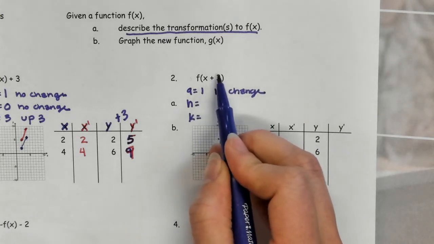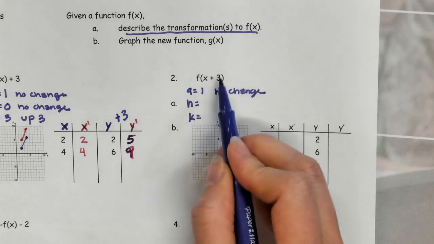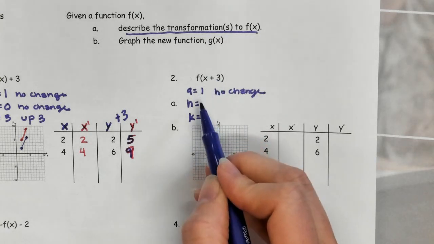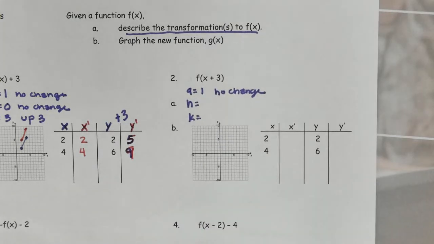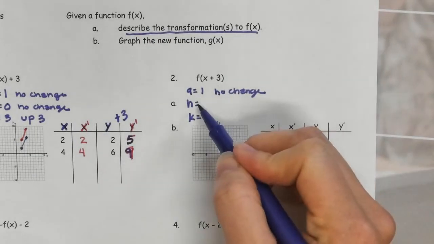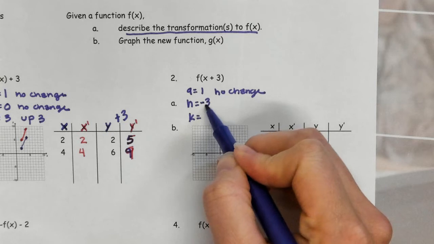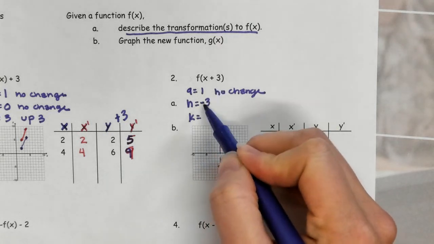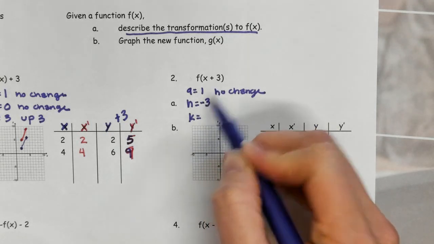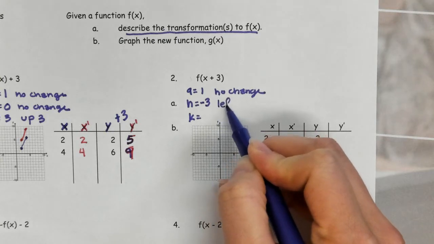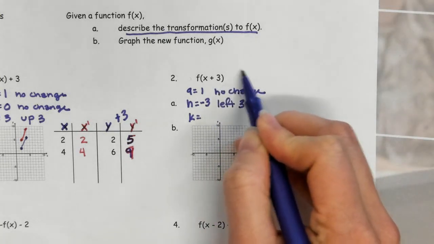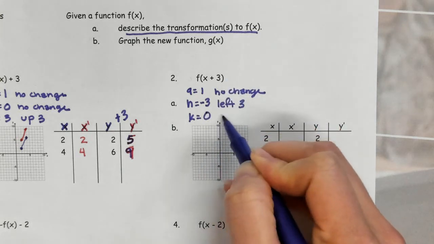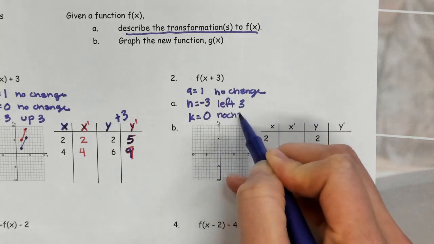H, there's a value that's next to the X, so that means that's my H. Here, remember, if you, your H person, hopefully in your notes you realize that it's opposite. So if this is plus 3, you minus 3. If you are minusing 3, you are going left 3 units. And there's nothing being added or subtracted, so it's a 0, so there's no change.